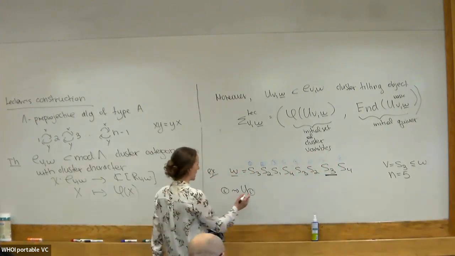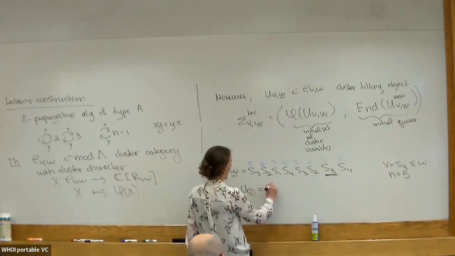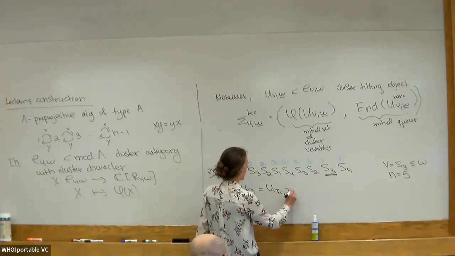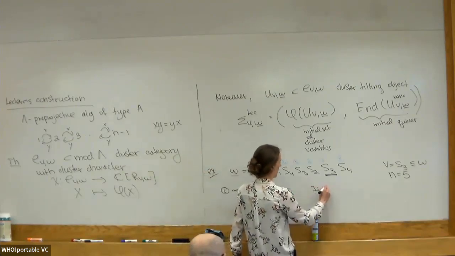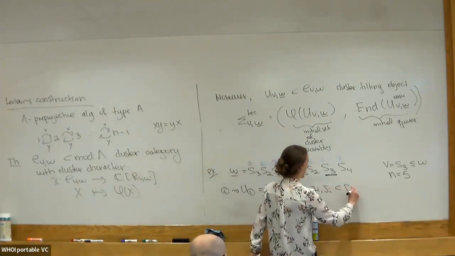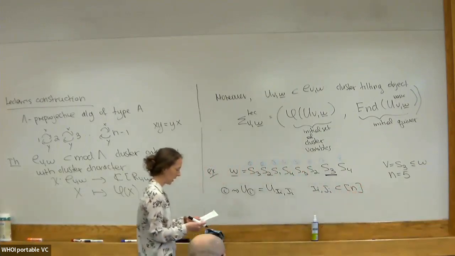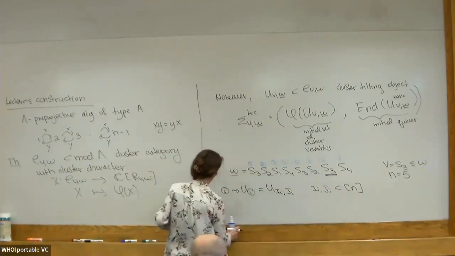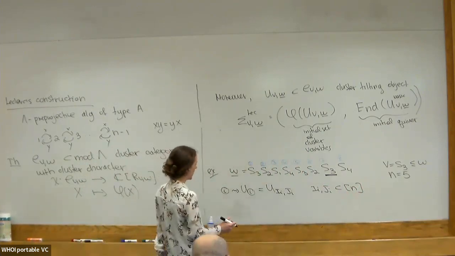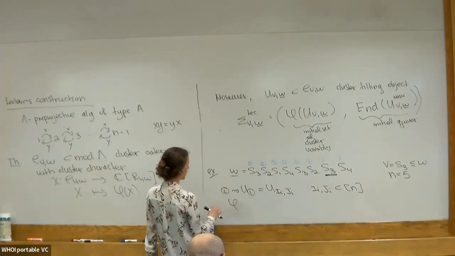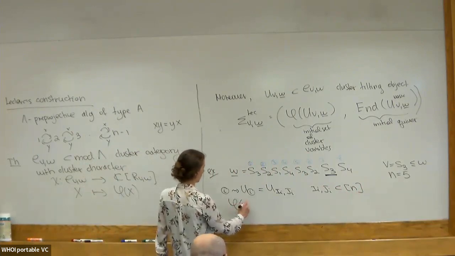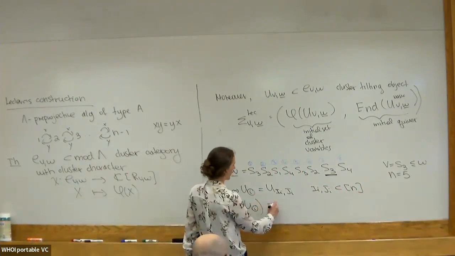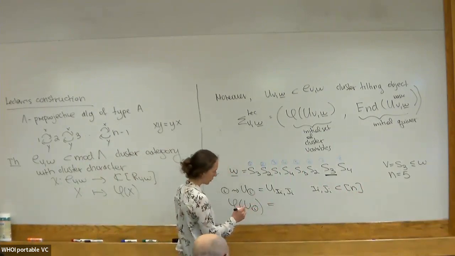Okay, so in type A, you can write this as U sub two sets, I and J, where these I, J are particular subsets of n. And I'm going to tell you later how to calculate these. And the nice thing is now if you apply this cluster character to this module, what you get is a very nice function on the coordinate ring of the Richardson variety.